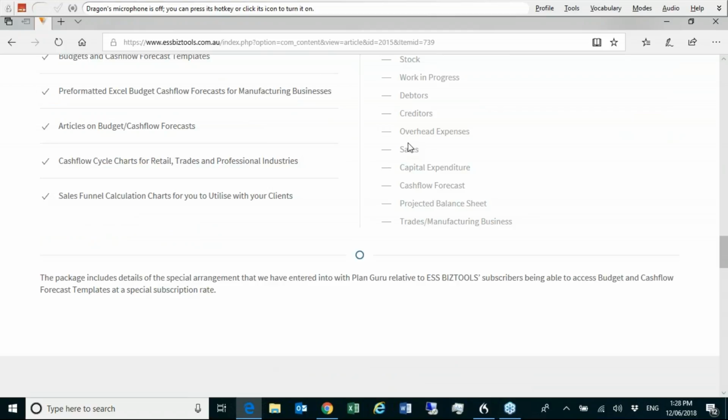If you are not a gold subscriber, so a silver, bronze, or any of the individual product subscribers, you can subscribe separately for any of the product packages that you haven't got. So obviously gold's got everything. Silver's got all of our packages except the subscription to ESS BizGrants, which we'll be undertaking this type of review on in a month's time, and the right to publish on your website in a secure area.